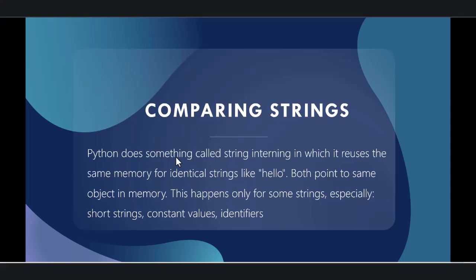Python does something called string interning, in which it reuses the same memory for identical strings like hello in our example. Both point to the same object in memory. This happens only for some strings, especially short strings, constant values and identifiers.